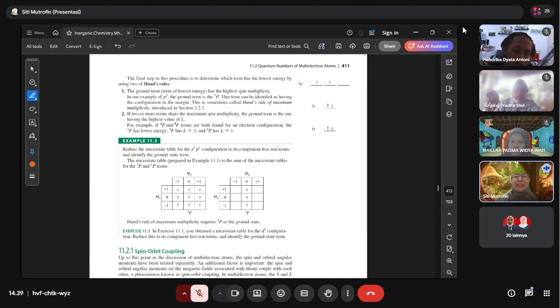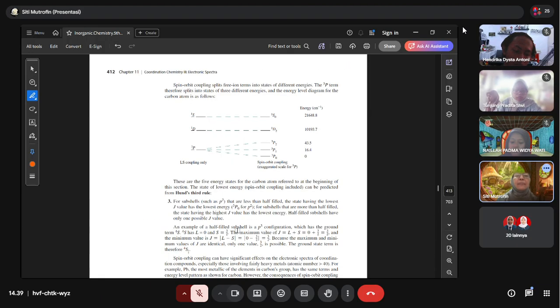Then we can check it here. 3P, followed by 1D and 1S. Now, between 1S and 1D, both have the same spin multiplicity. Which one must be put lower, and which one higher?